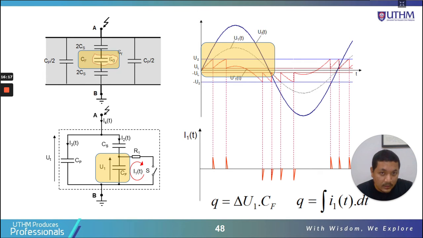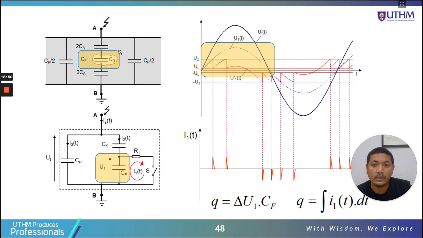Now you can see that when it reaches the negative cycle, the electrical discharge happens in a different direction.